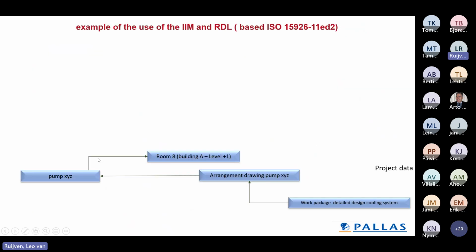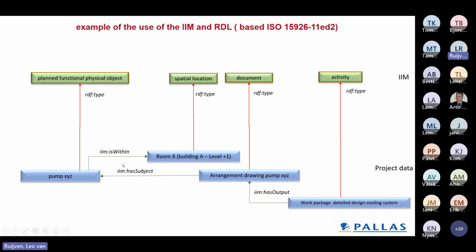Small example, project data. For instance, we have a pump with a relationship to a room, it is the subject of an arrangement drawing, and the arrangement drawing has a relationship to a work package which produces that drawing. Then all the project entities have an RDF type relation to, in this case, the planned functional physical object.